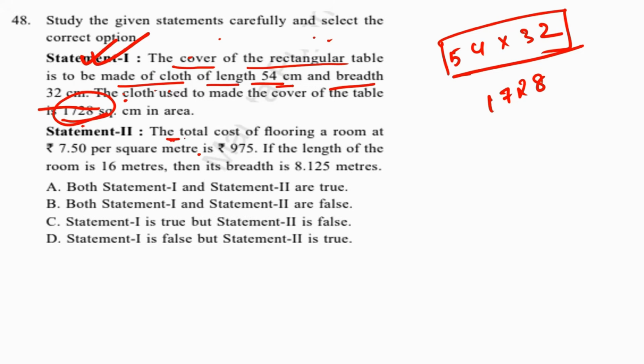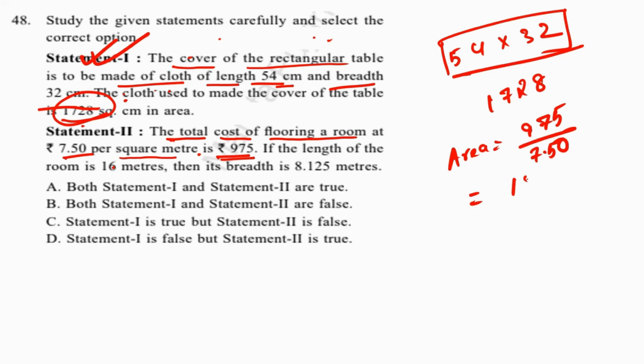Moving on to statement number 2. The total cost of flooring a room at 7.5 per square meter is 975. So what is the area of the room then? Basically cost divided by per meter square cost. 975 divided by 7.50. That's 130. Okay, so the area of the room is 130. Let's see.